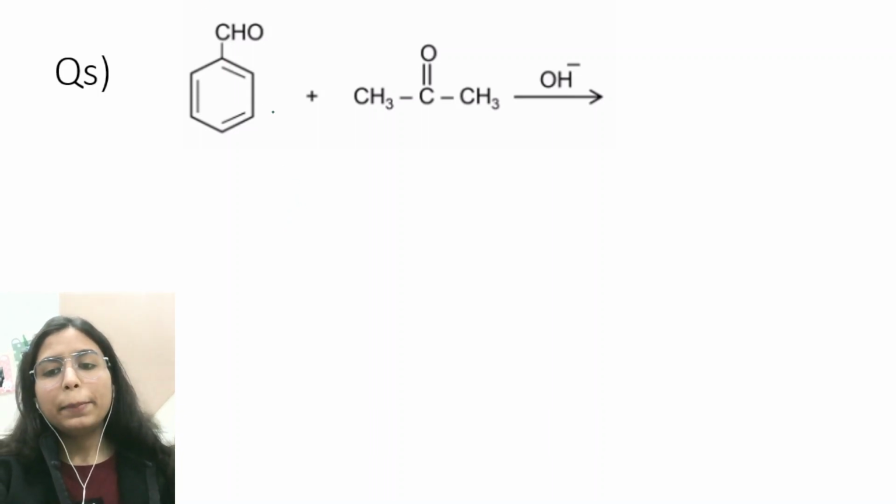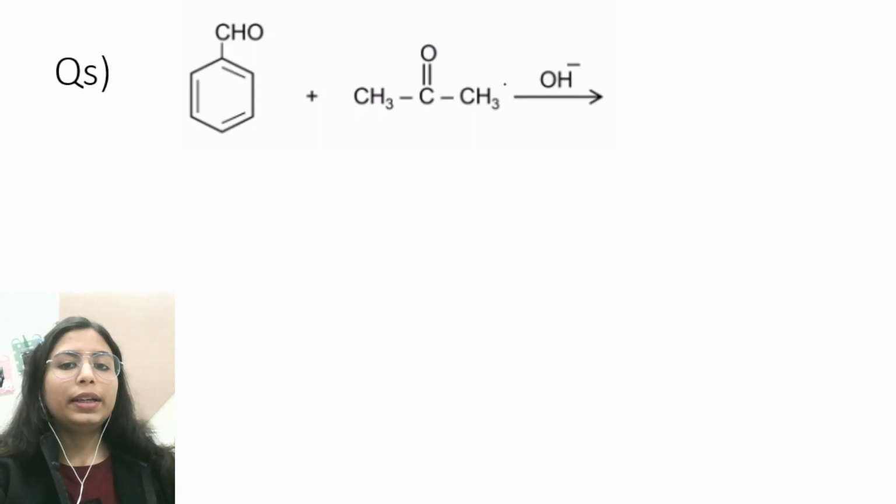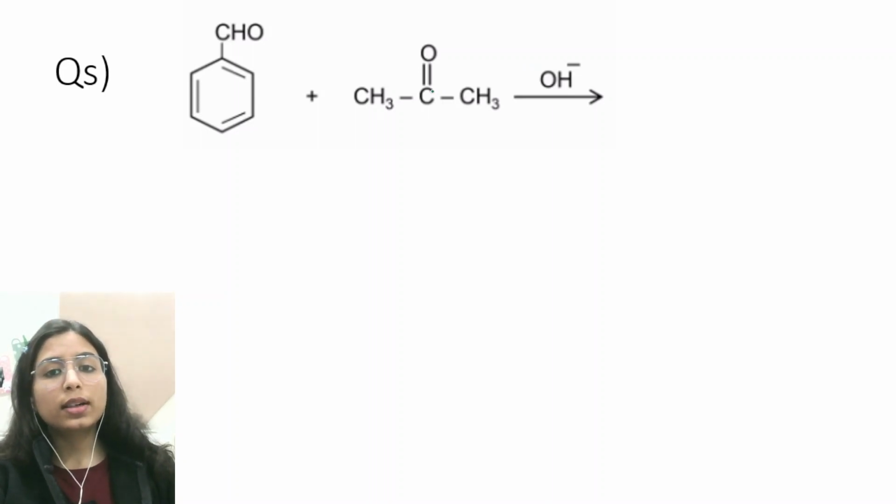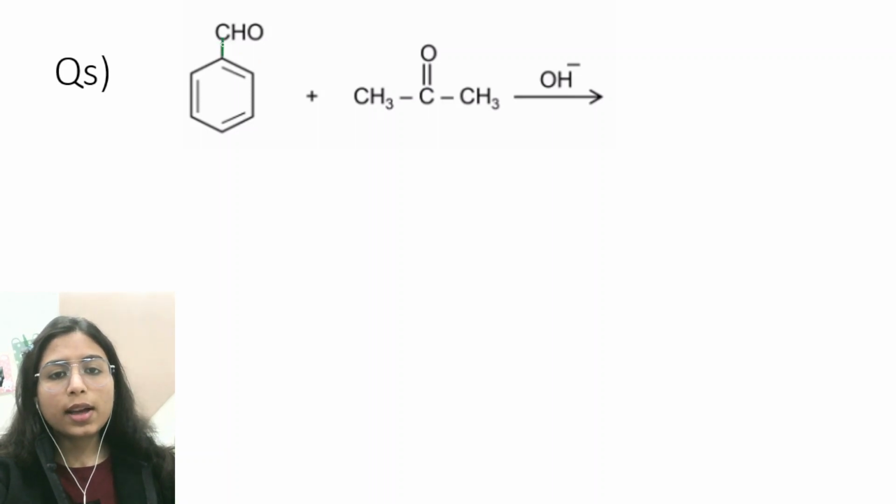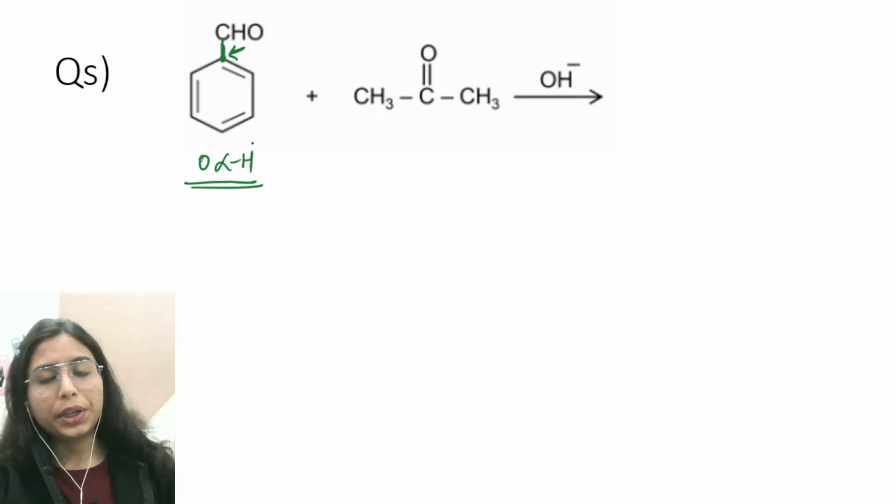So just at the beginning of this lesson, I told you that in order to carry out the aldol condensation reaction, you have to see which molecule has alpha hydrogen. So here there is an alpha carbon which is present, but there is no hydrogen present at this position. So therefore it has 0 alpha hydrogen, which means that here no carbon ion can be generated, right?